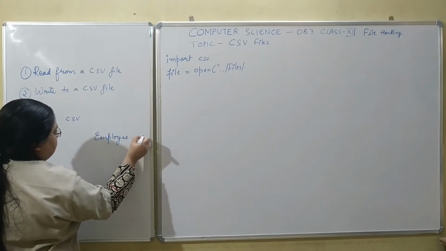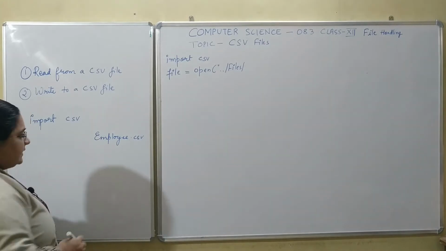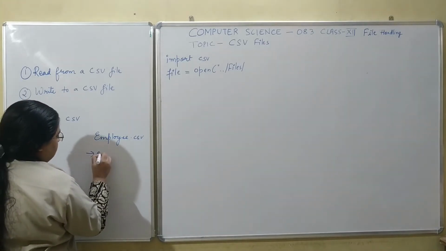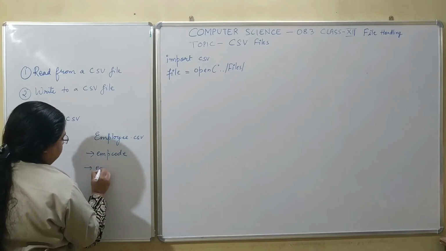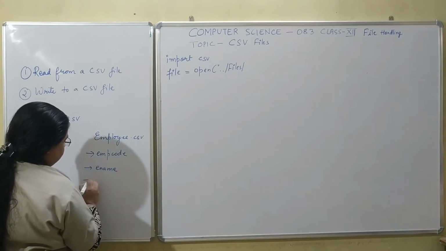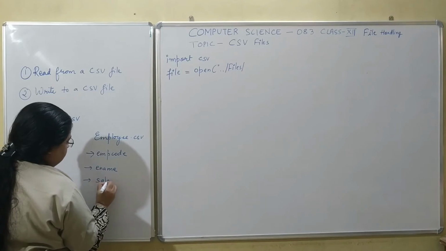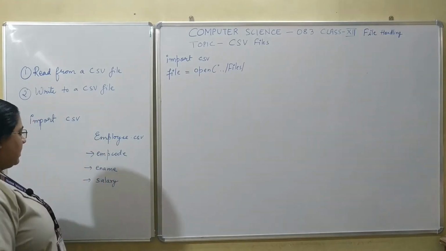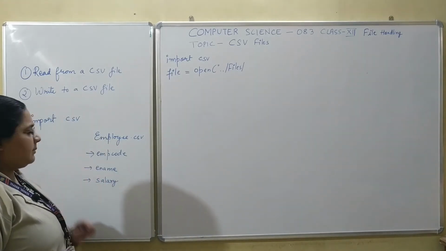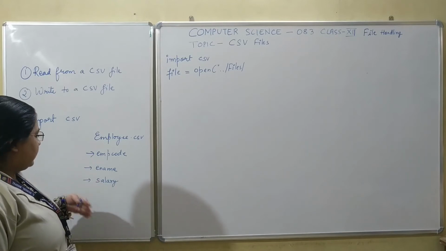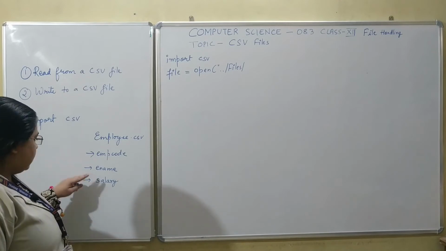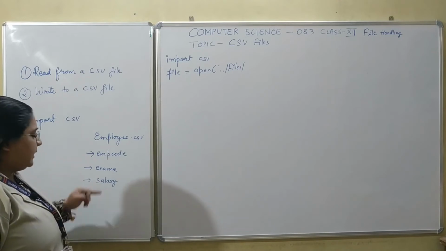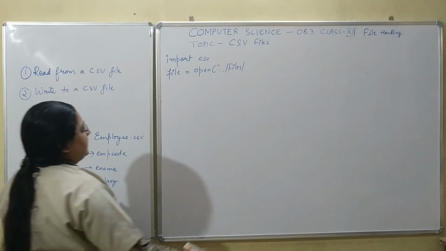So let me take the file as employee.csv, and it should store employee code, employee name and salary. Only these three things I am taking right now. For the purpose of quickening our task, I have skipped two values, department and designation.